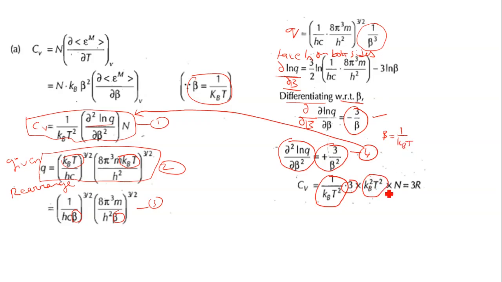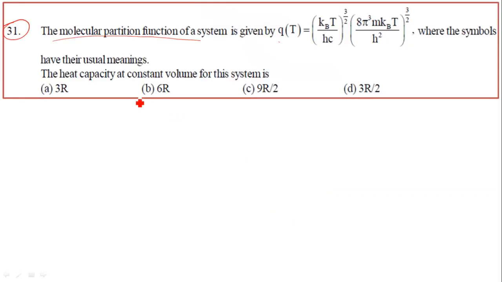Now listen, here T square cancels, kB cancels. Now we will get CV equal to 3 into kB into N, where you know that kB into N is equal to R. So hence the answer is 3R. Option A is correct.